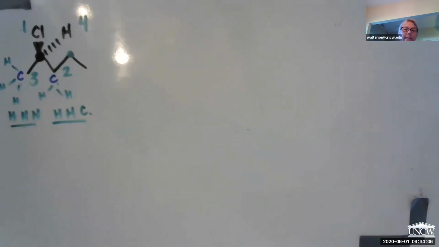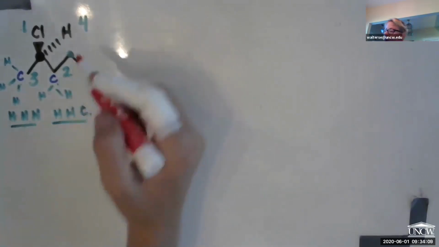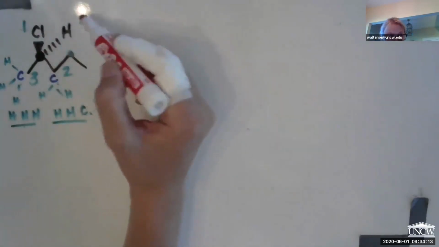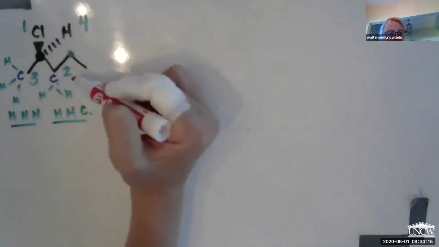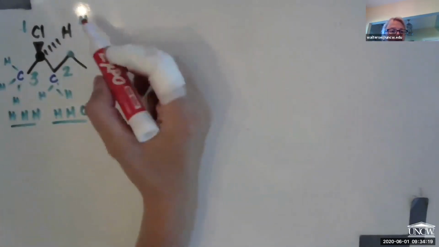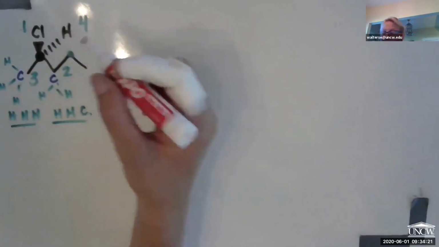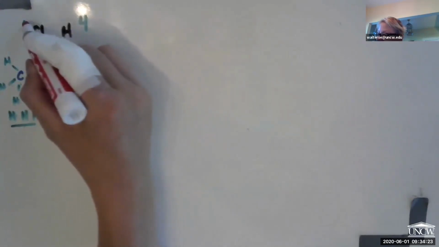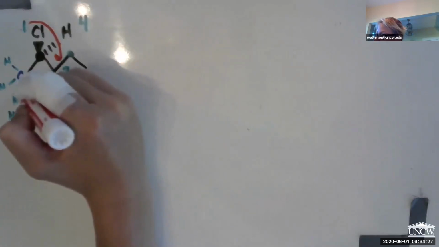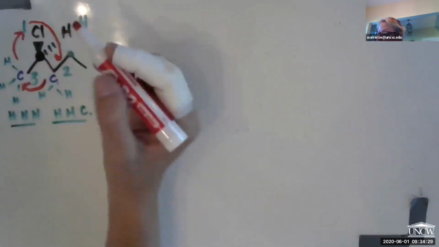So now we have our priorities listed: 1, 4, 2, 3. You would move the molecule so that 4 is in the back. Then you connect: 1 comes down towards 2, 2 to 3, 3 to 1.